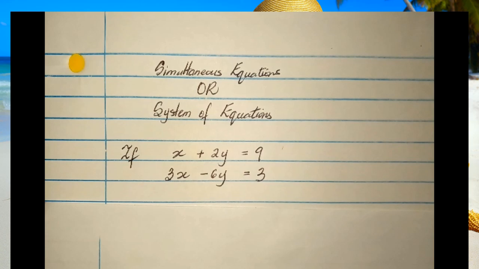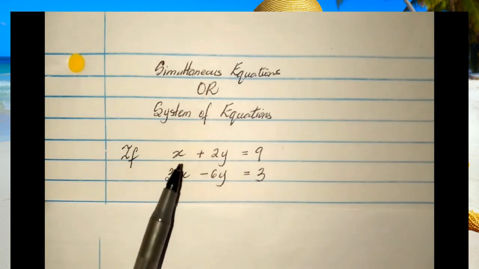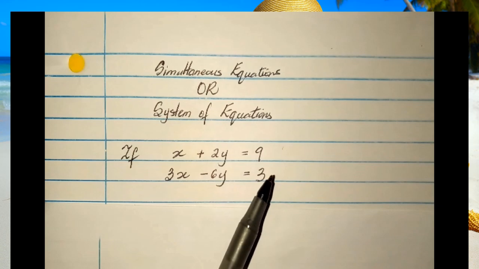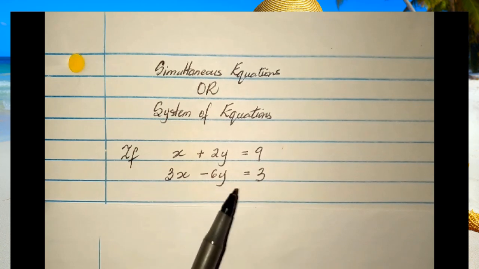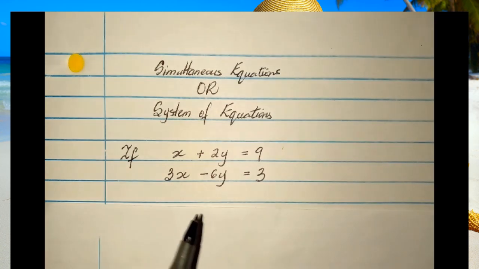We're going to be looking at solving simultaneous equations, or a system of equations, using a matrix method. Here we have a question that says, if x plus 2y is equal to 9 and 3x minus 6y is equal to 3, and these are what we call systems of equations or simultaneous equations, where you basically have two equations with x and y's in them.